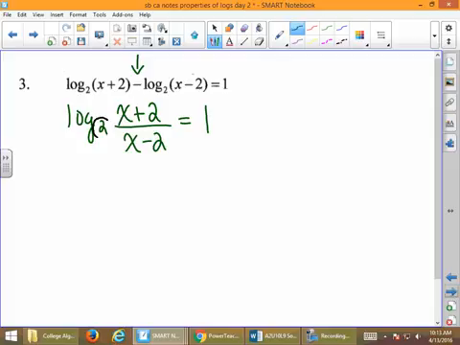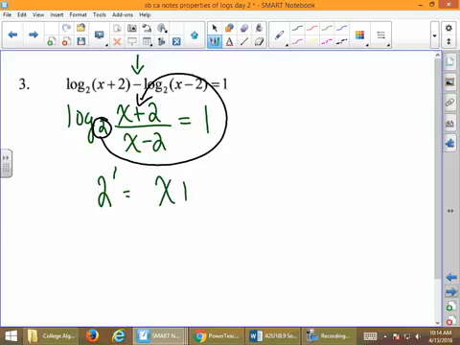Well, what we can do is we can go around the world. We can convert this logarithm from a logarithm to an exponential. And all that a logarithm is, is another way of writing an exponent. So this is 2 to the first equals x plus 2 divided by x minus 2.